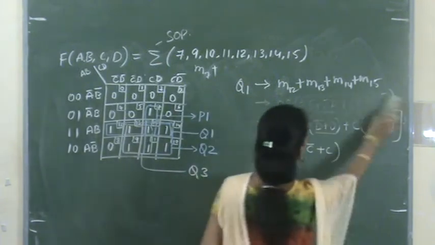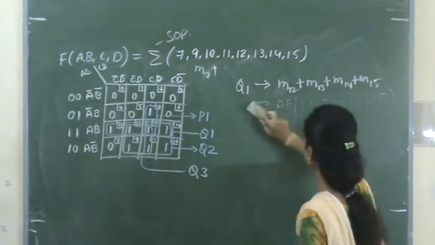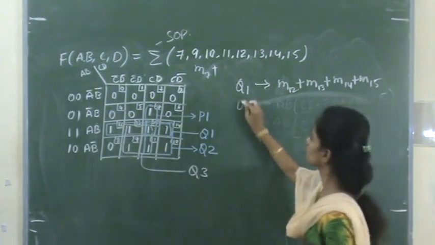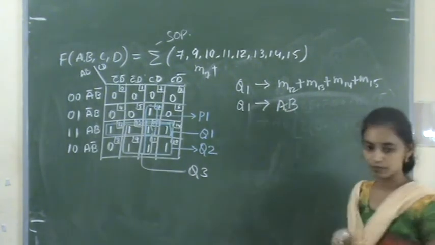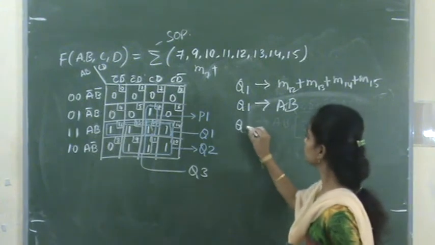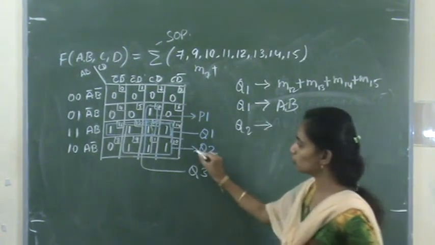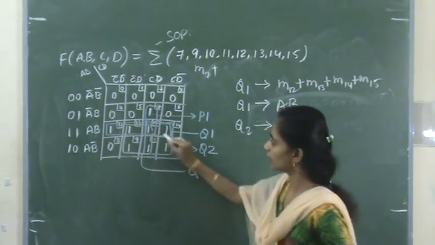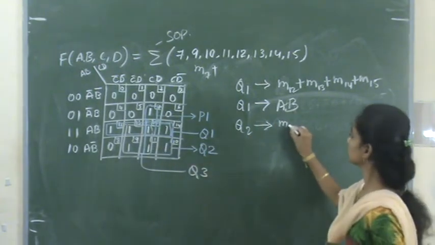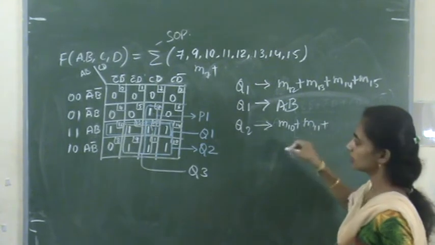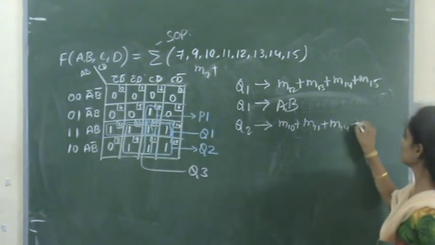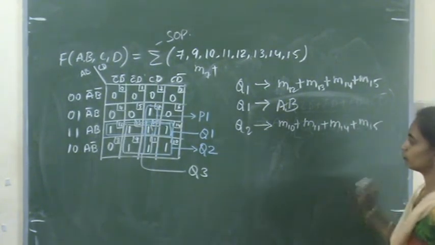Now what is the final answer for Quad 1? That is AB. So for Quad 2, what is Quad 2? This one, right? M10 plus M11 plus M14 plus M15.